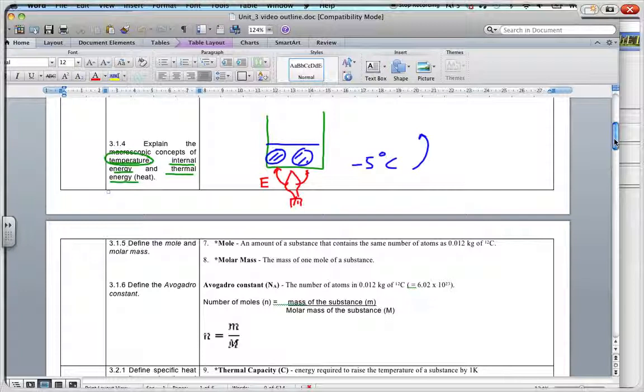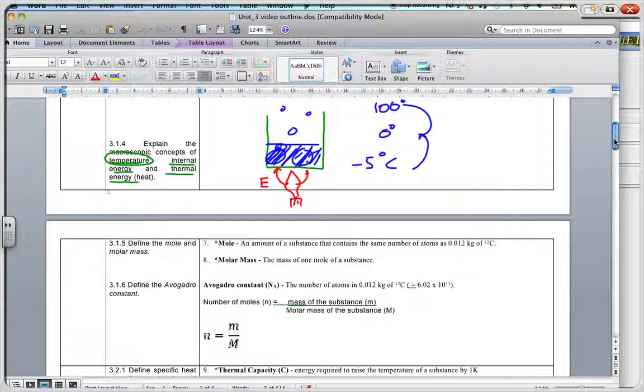But also what's happening is that the potential energy is changing. So these ice blocks may form some water. Now the potential energy has actually increased, and then maybe after a while it will start bubbling up, and you'll get water bubbling off, and it becomes water vapor. The potential energy also increases, and maybe you'll go up to 0 degrees, and then you'll go up to 100 degrees Celsius. The kinetic energy is increasing.